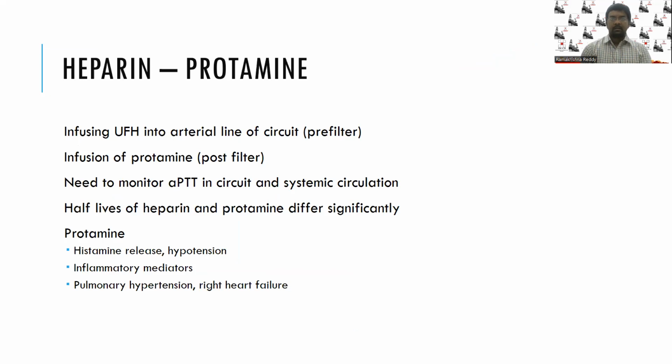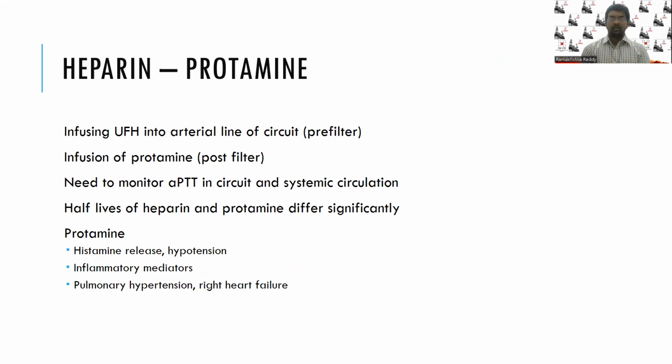Another technique where you can achieve anticoagulation is regional anticoagulation using a heparin-protamine combination. In this case, you infuse heparin into the arterial line of the circuit, that is, pre-filter. So the heparin acts within the circuit and reduces filter clotting.